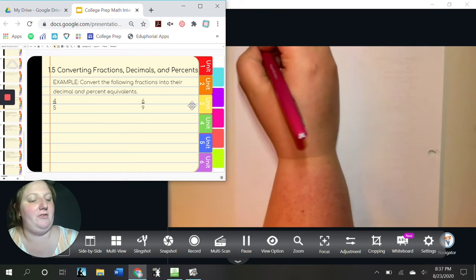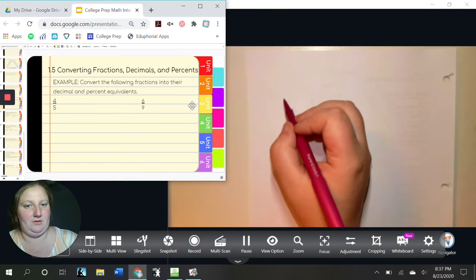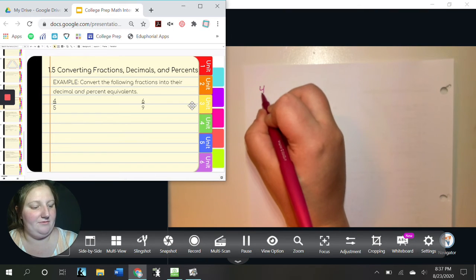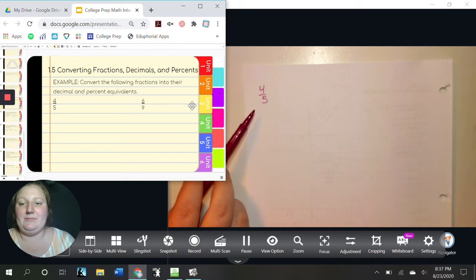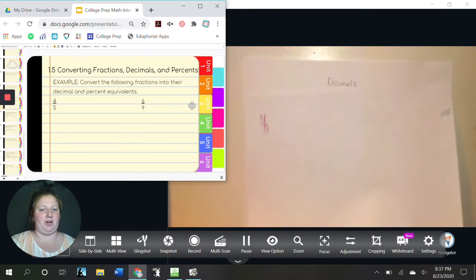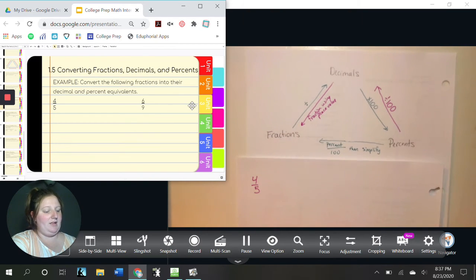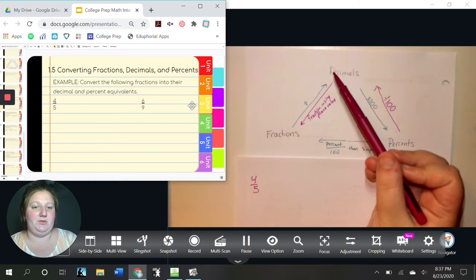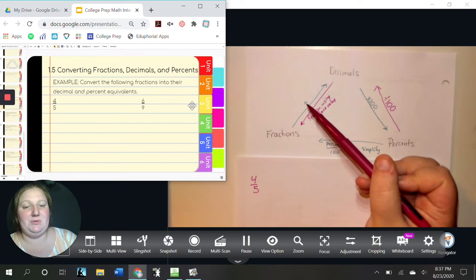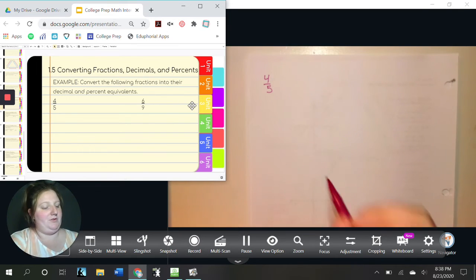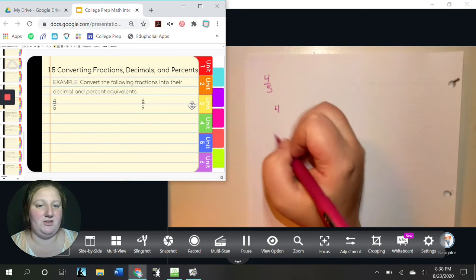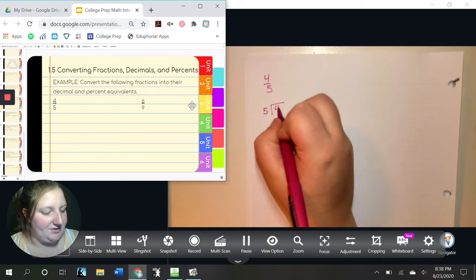All right, so we're starting off with the fraction 4 over 5. And we need to convert 4 over 5 into a decimal and into a percent. Well, if we look at our chart, to go from a fraction into a decimal, we are going to divide. So we're going to do 4 divided by 5. So when we do 4 divided by 5, we put 4 in the division box and 5 on the outside.